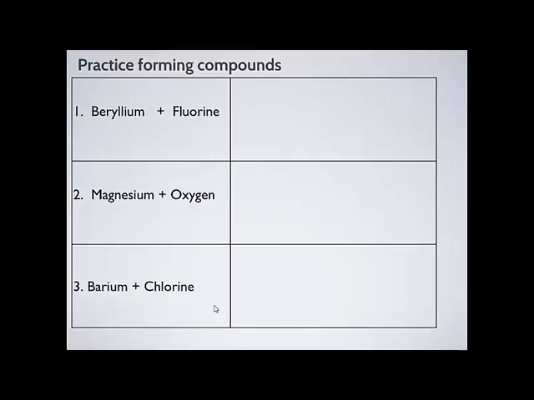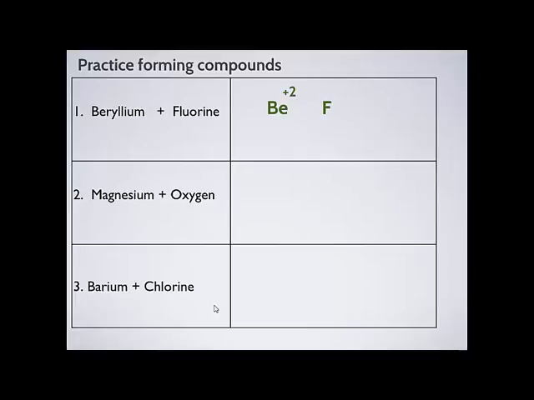All right, look at these: beryllium and fluorine. First, you have to find their symbols: beryllium is Be, fluorine is F. Matt, what is beryllium's oxidation number? +2. How about fluorine? The metals are on the left side of your periodic table.